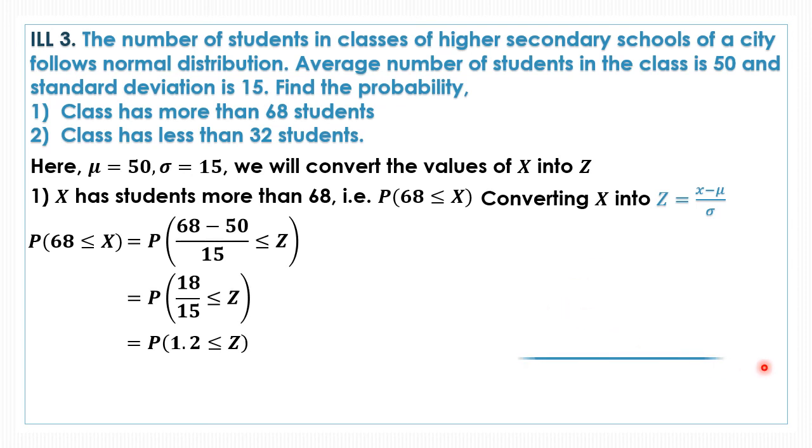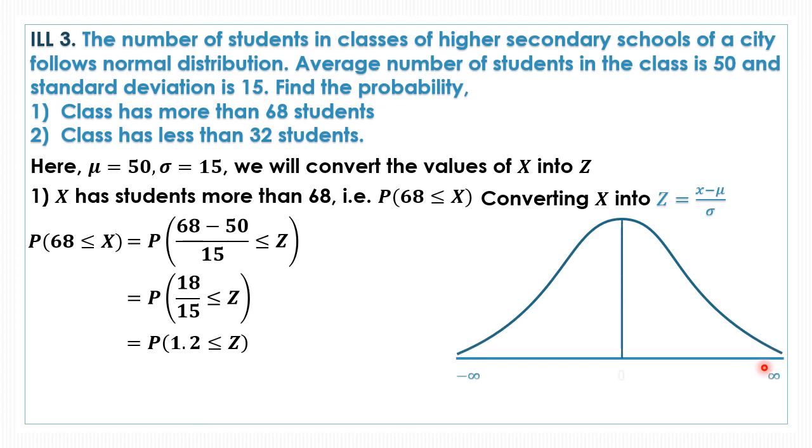So first of all, let's draw the curve here. As you can see from the curve, 1.2 comes in the positive part of the section here, so we will write down 1.2, and then z is greater than 1.2. So the question more than 68 means more than 1.2.